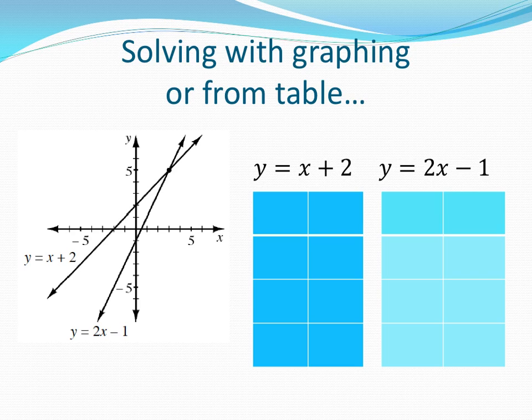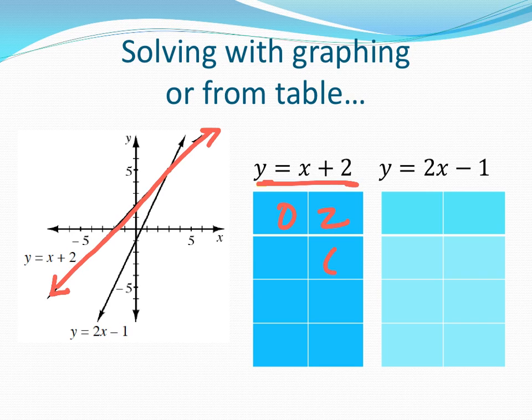We can solve with graphing or from a table. So here we did this. If you watch the other video, it's the exact same thing. If we have graphed y equals x minus 2, the pen's not working. Y equals x minus 2, which is this one. All the points on y equals x minus 2 are right here, including when x is 0, y is negative 2.